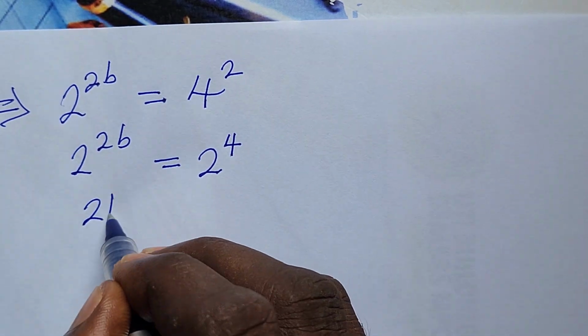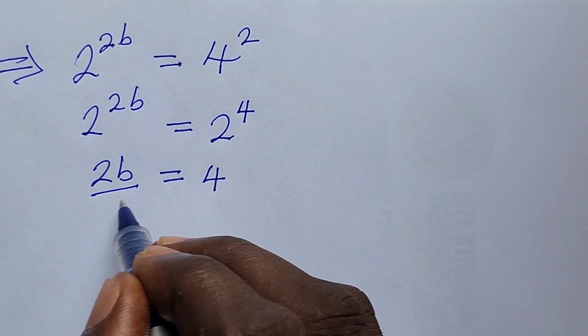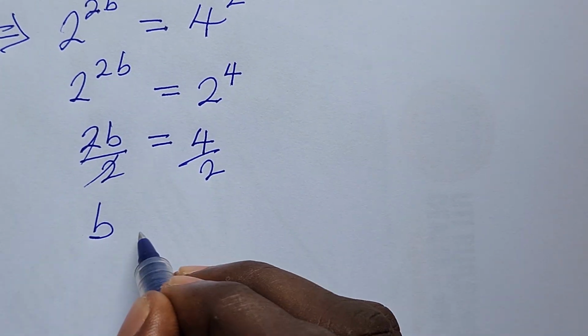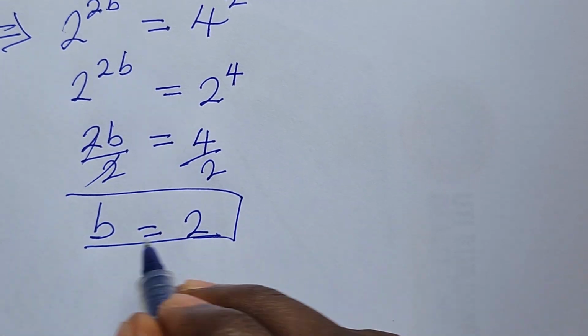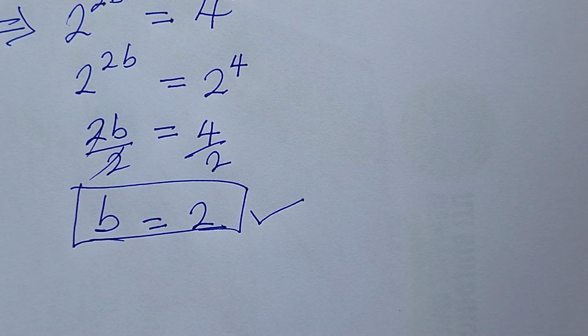So this gives us 2b equal to 4, divided by 2, so we now have b is equal to 2. Oh, what a coincidence. So our a and b have the same value. Okay, 2, 2. So let's go ahead and solve for our c. Will c give us the same value?